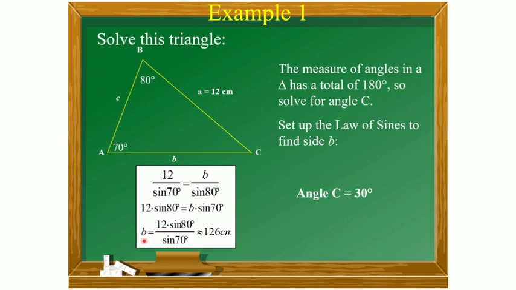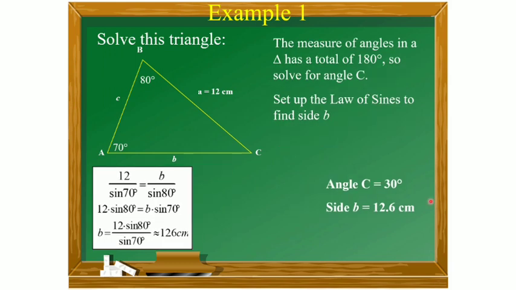So we will get B is equal to 12 times sine 80 degrees all over sine 70 degrees. If we use our scientific calculator, we will get approximately 12.6 centimeters if we round the value to the nearest tenth. So our value for side B is 12.6 centimeters.